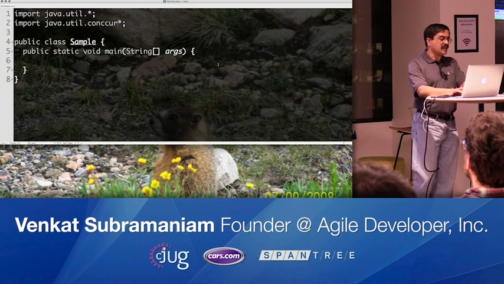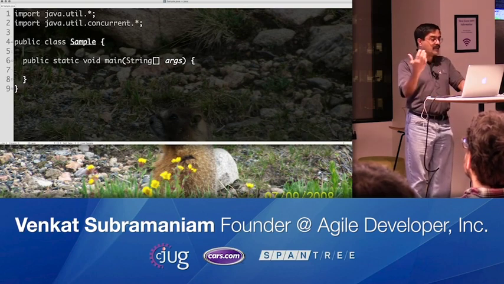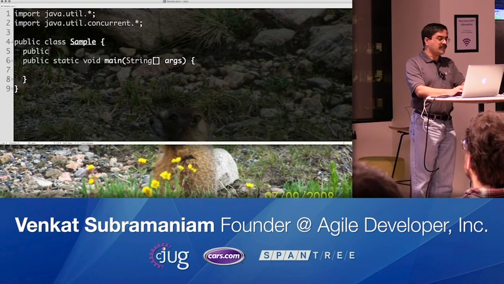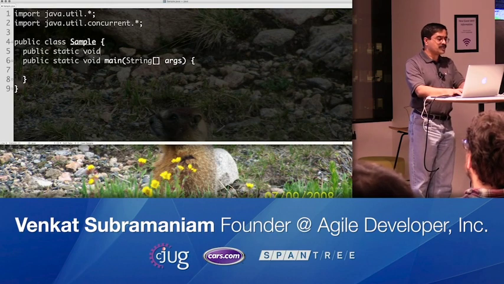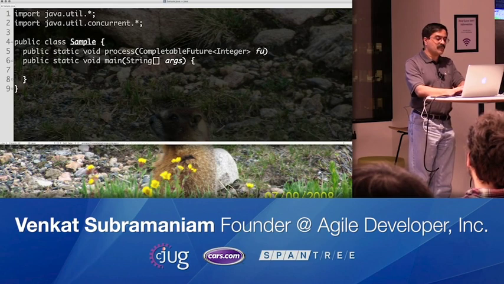So I'm going to bring in the concurrent again. So let's go ahead and say we have a method that is going to receive and work with a completable future. So I'm going to say process, and the process function says give me a completable future, and this is going to be a completable future of integer, let's say, and I'm going to say this is the future or promise.